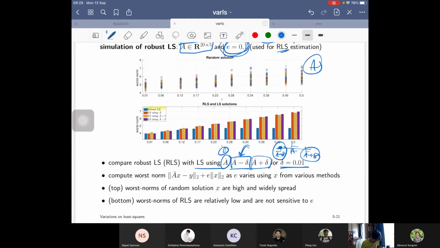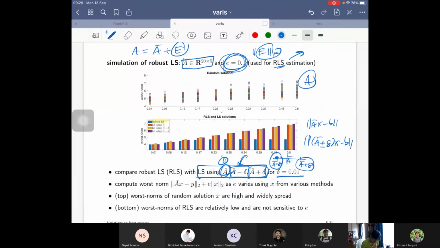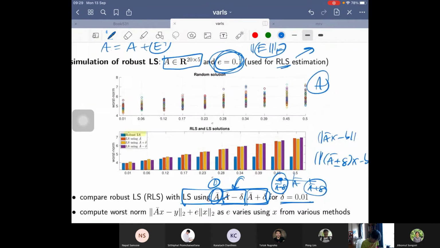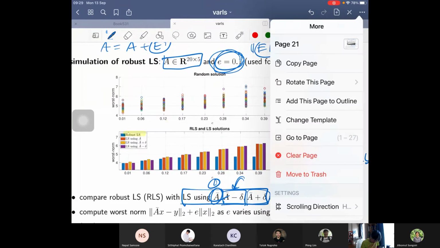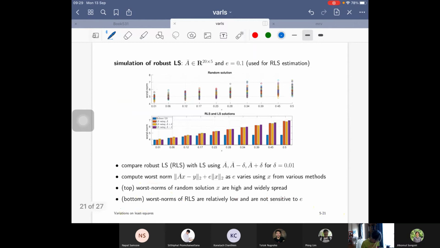This is a least square, all right? Which means I solve A bar x minus b, and I solve A bar plus and minus delta x minus b. I get 3 solutions. And then I compute the worst norm, which is given by this expression with the parameter e, so I can vary e from 0.01 to around 0.5.